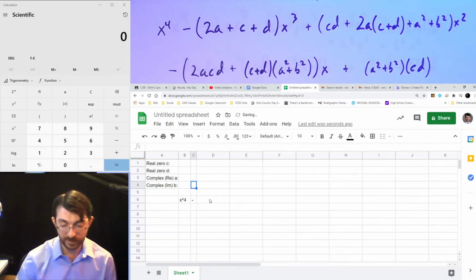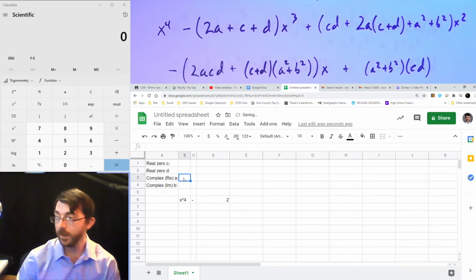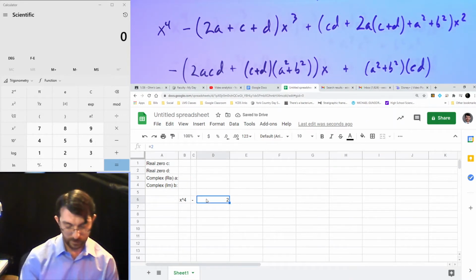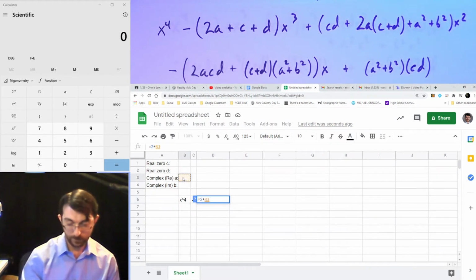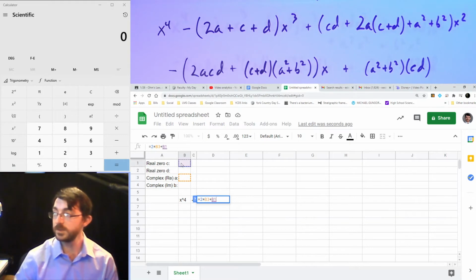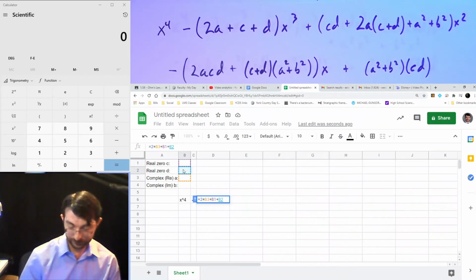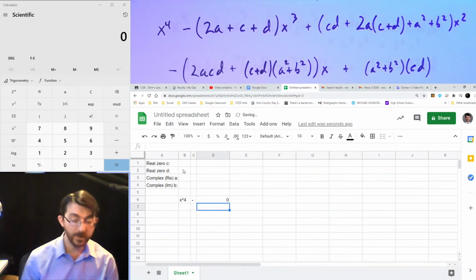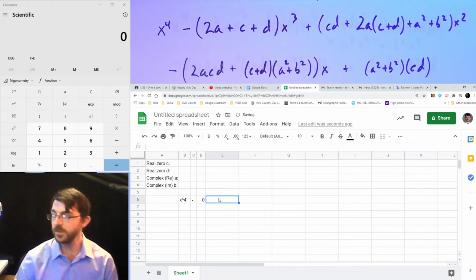And what is it minus? 2a plus c plus d, equals 2 times a plus c plus d. Right now it's 0 because there's nothing in there. And that's going to be x cubed.